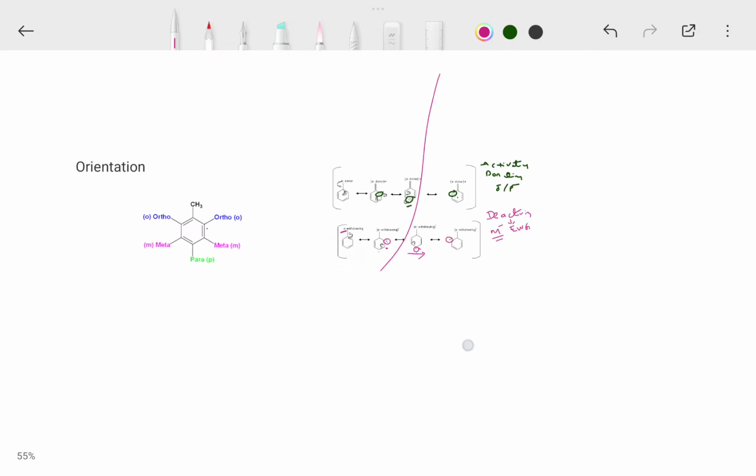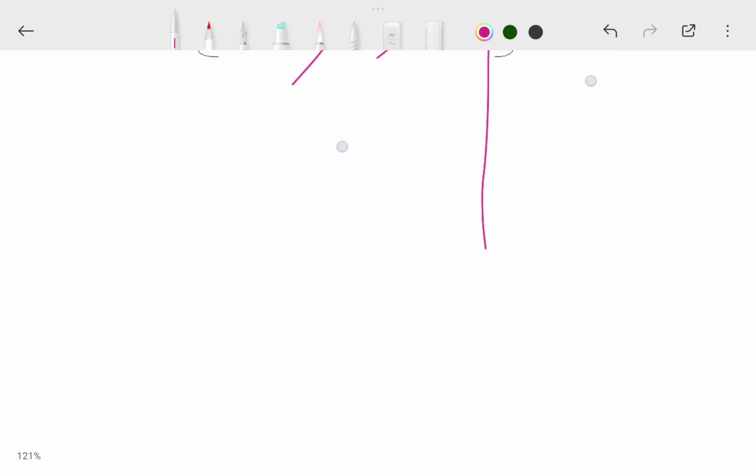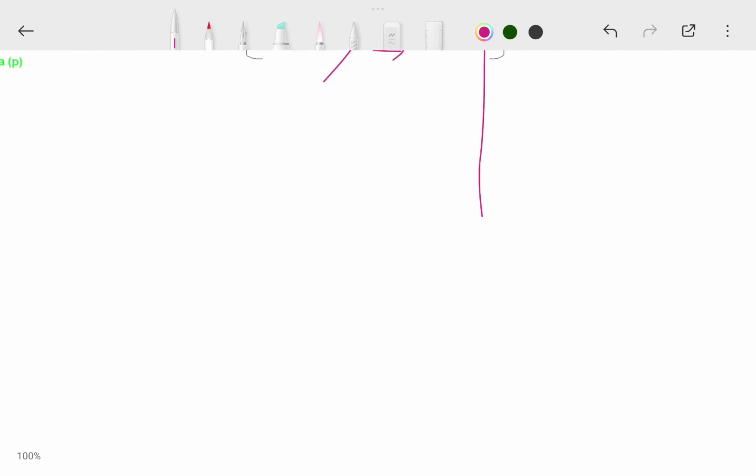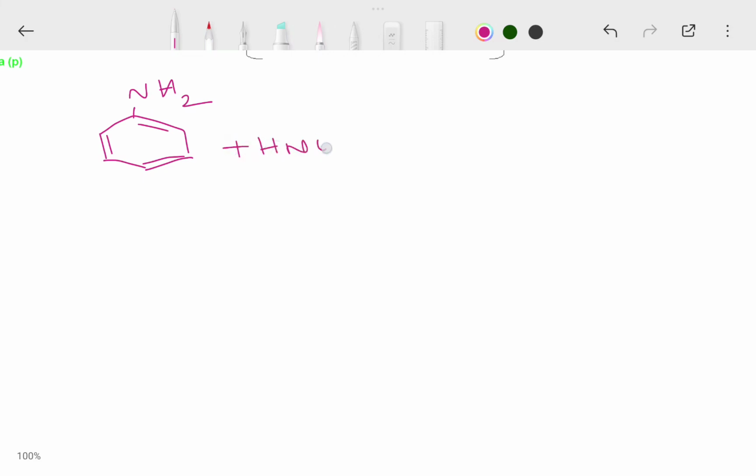For example, I'm taking one example: NH2, aniline. Aniline on reaction with concentrated HNO3 and concentrated H2SO4, that is the nitrating mixture.